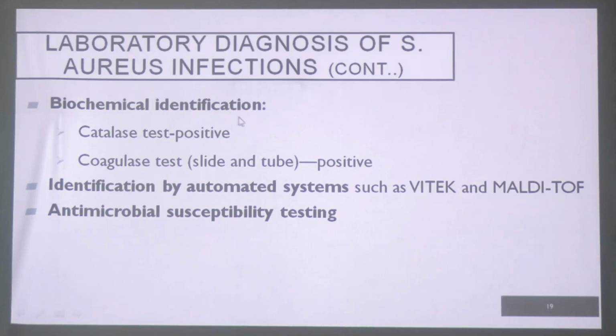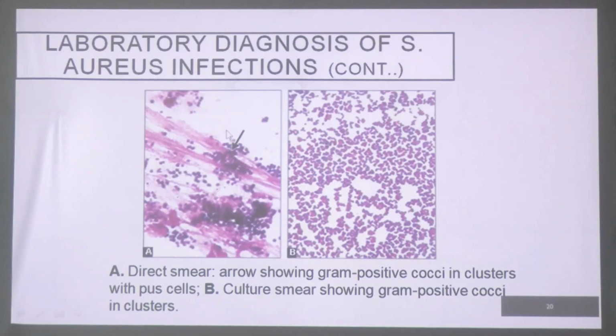What are the biochemical identifications you can use? Catalase positive and it should be coagulase positive. We can take automated systems such as Vitek and MALDI-TOF, and then we have to go for antimicrobial susceptibility testing. This is how you saw it from the direct sample.